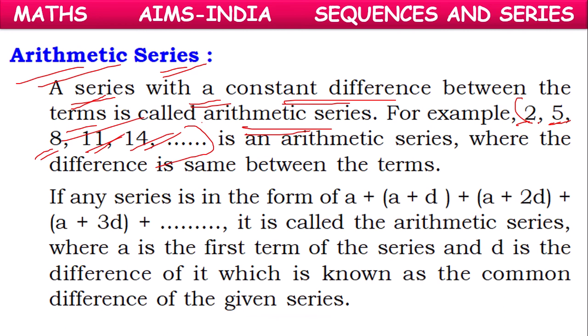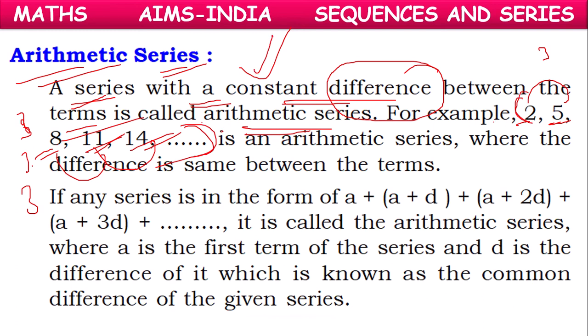If you see the difference between any 2 terms, 2, 5, difference is 3; 5, 8, difference is 3; 8, 11, difference is 3; 11, 14, difference is 3. So the difference between any 2 terms of the given sequence is constant. This kind of series is known as arithmetic series.